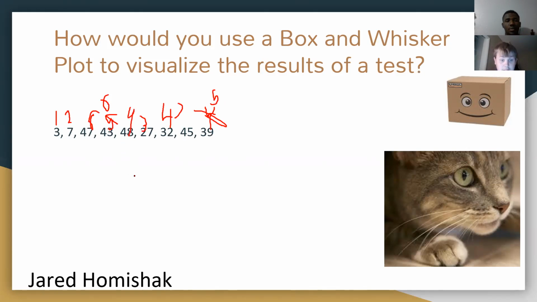So with that in mind, we know that 3 and 7, and then for number 3 we have 27, and then we have 32, and for 5, 39, and then come over here to 43 for 6, and 7 is 45, and 47 is 8, and then 48 is 9.